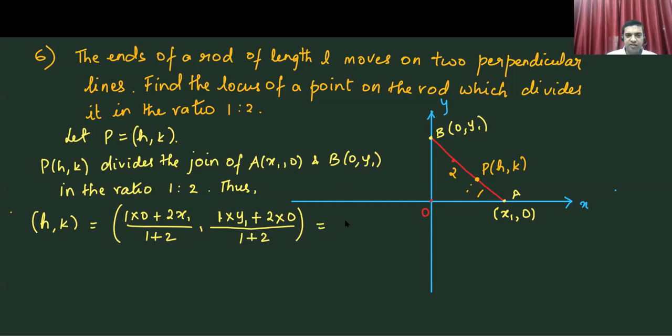So we get this as 2x1 by 3 and y1 by 3. Equate h equal to 2x1 by 3, so x1 will be 3 by 2 h, and k is equal to y1 by 3, so y1 is equal to 3k.